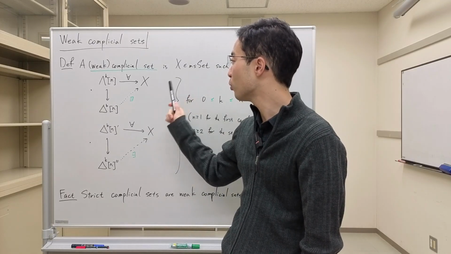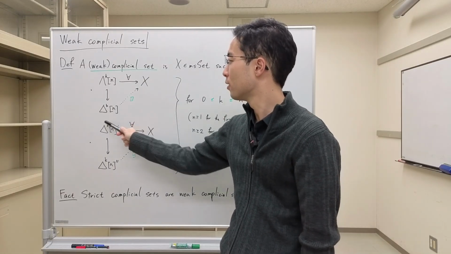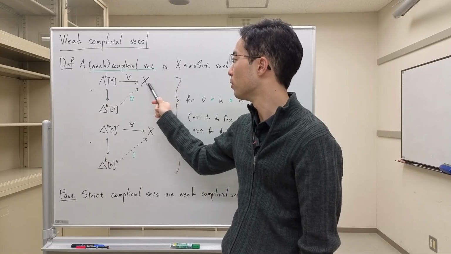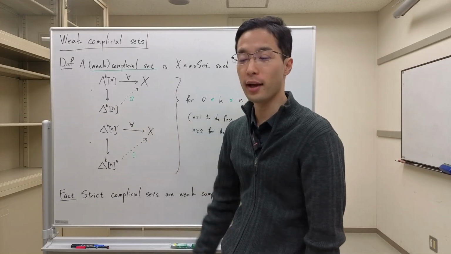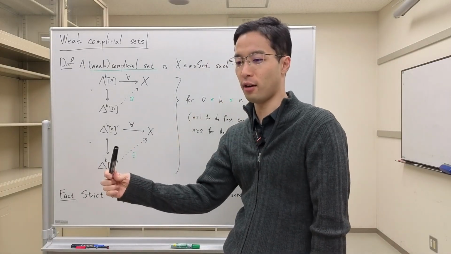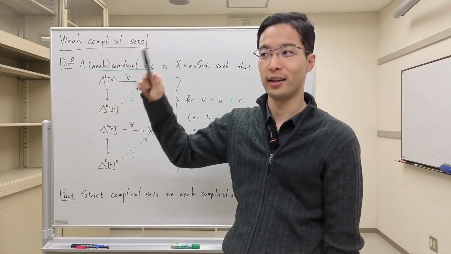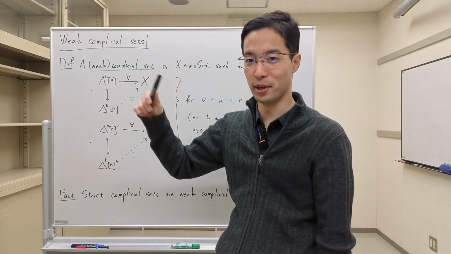But in this weak setting, a map out of the complicial two-simplex into X is to be thought of as a one cell, another one cell, and just an equivalence two cell in the middle.